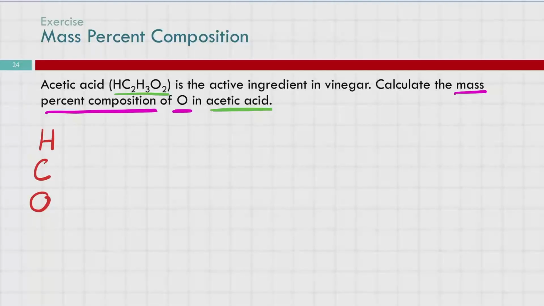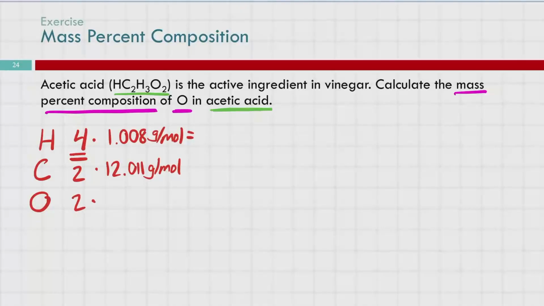So what we need to do with our formula is break it down into each of the individual elements that we have. We're calculating a molar mass. We have 4 hydrogens. We find their molar masses. We have 2 carbons. We look up their molar mass. And we've got 2 oxygens.